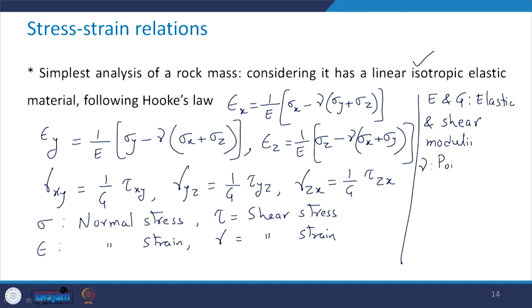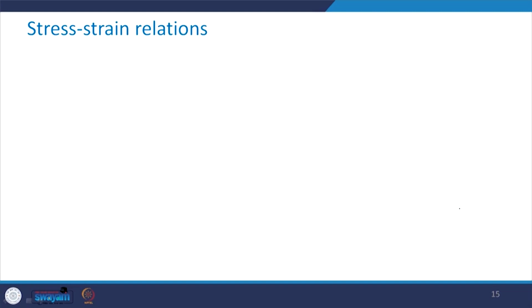Nu is the Poisson's ratio, which varies between 0 to 0.5, and there is a relationship between G and E, which is given by G is equal to E upon 2 times 1 plus nu. So, you are aware of all these relationships. These are the basic elastic relationships when you have linear isotropic elastic material.